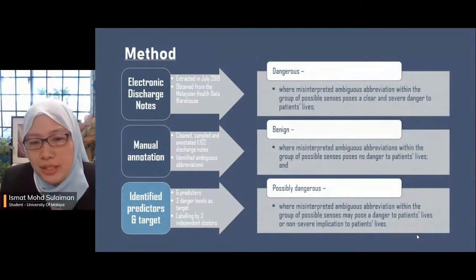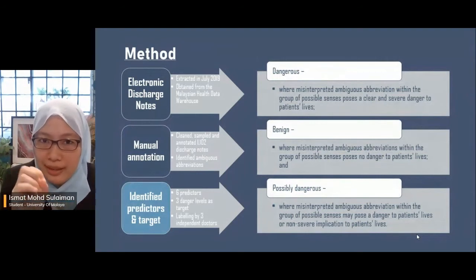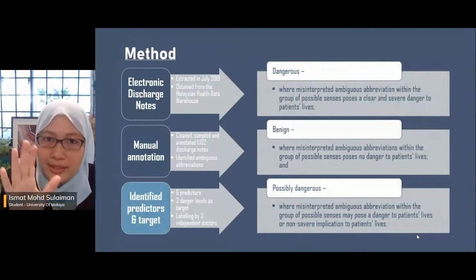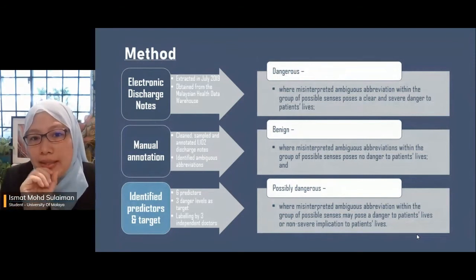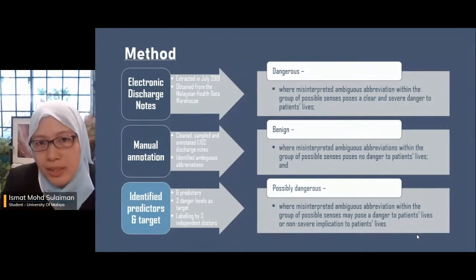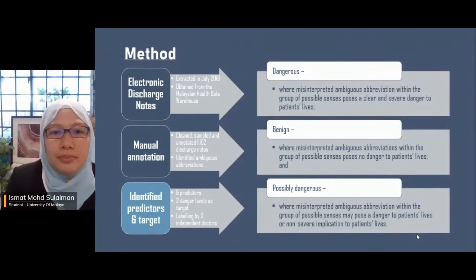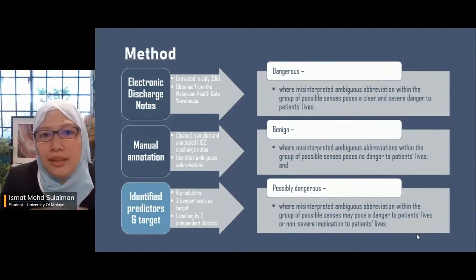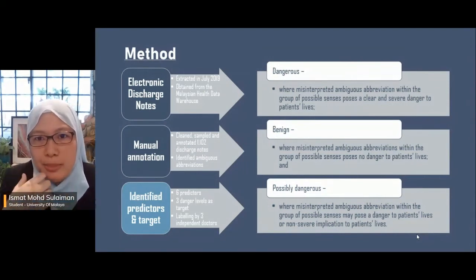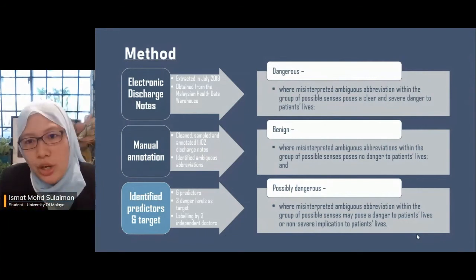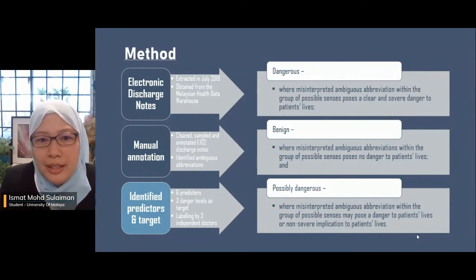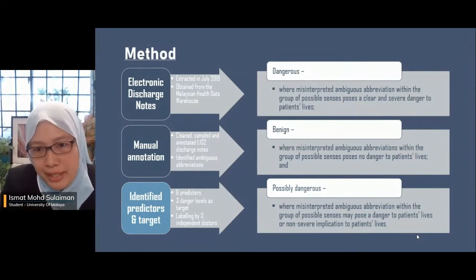That means if there is any difference between the three doctors, they will look back and clarify the most appropriate danger level for that ambiguous abbreviation. Dangerous is where misinterpreted ambiguous abbreviations within a group of possible senses pose a clear and severe danger to patients' lives, whereas benign is the total opposite, no danger to patients' lives, and possibly dangerous is if they think there are non-severe implications to patients' lives.